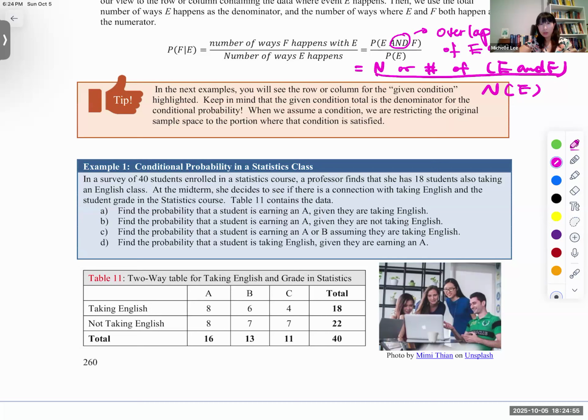If the information gives us probability, we use probability as it is.